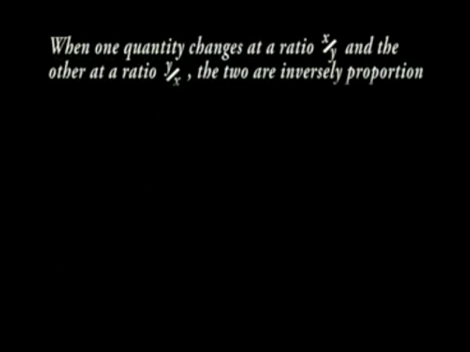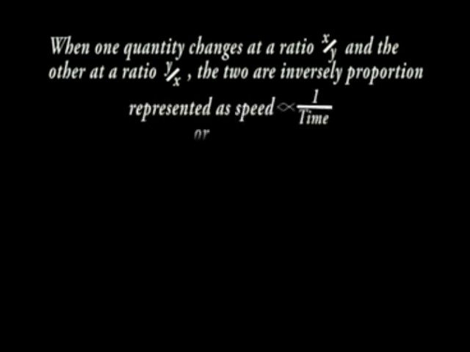Mathematically, when one quantity changes at a ratio x over y and the other at a ratio y over x, the two are inversely proportional. They are represented as speed alpha 1 over time, or speed alpha time raised to power -1.